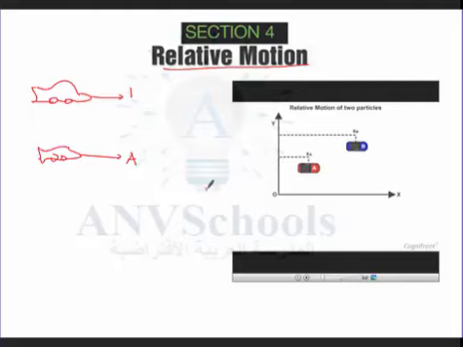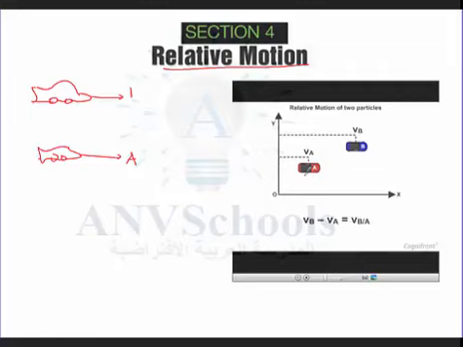So the displacement of B relative to A is positive because B is at some distance ahead of A. Whereas when you compare the other way, B is lagging behind as compared to car A, so we will have negative relative displacement.